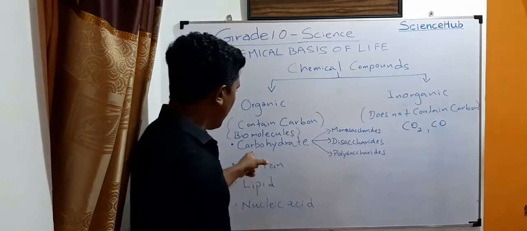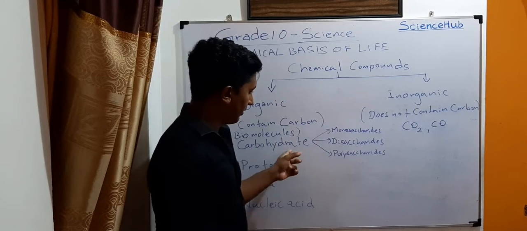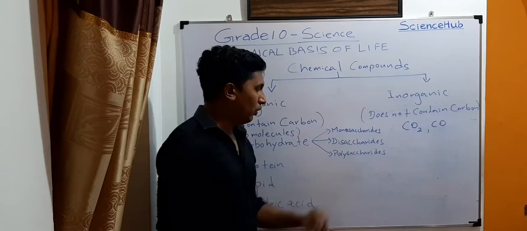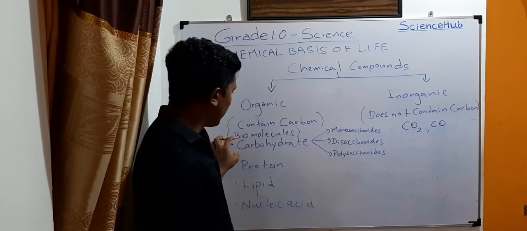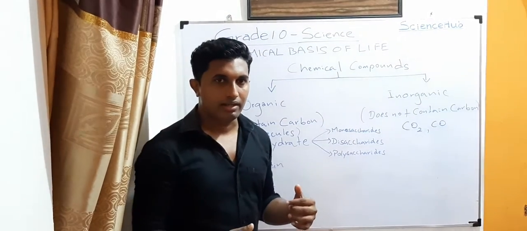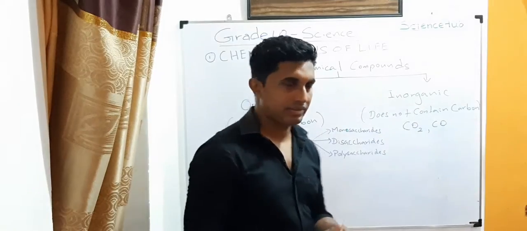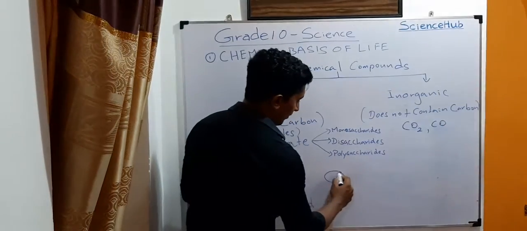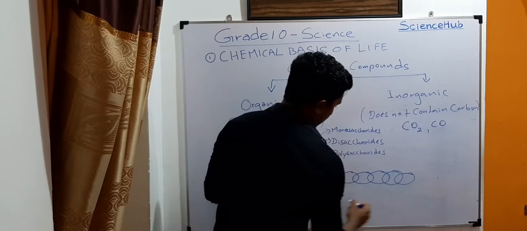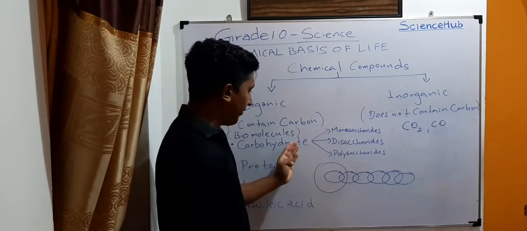From carbohydrates, we can subdivide into monosaccharides, disaccharides, and polysaccharides. Carbohydrate has some chain.